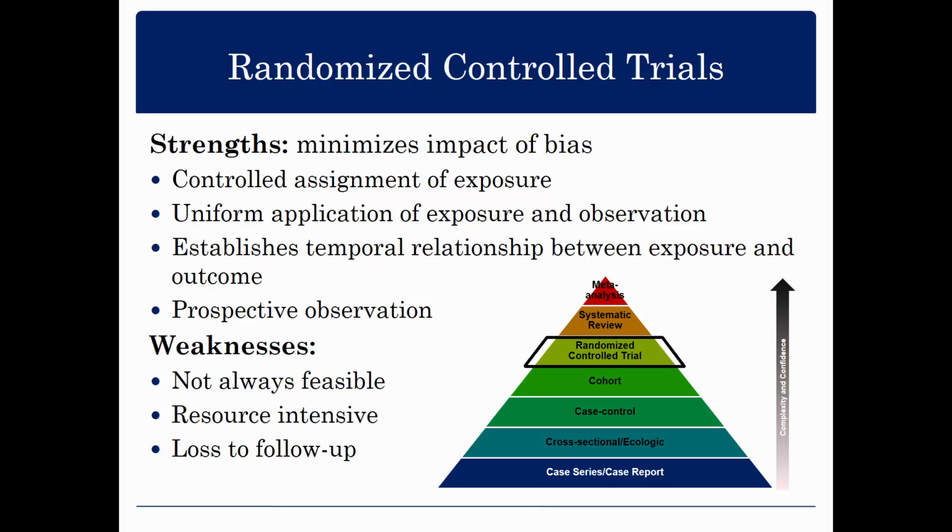We have control groups, we have random assignment, many times we have blinding. We also have prospective observation, so there's some assurance that there was a uniform application of the treatment and a uniform observation of all patients on study, regardless of what their treatment was.